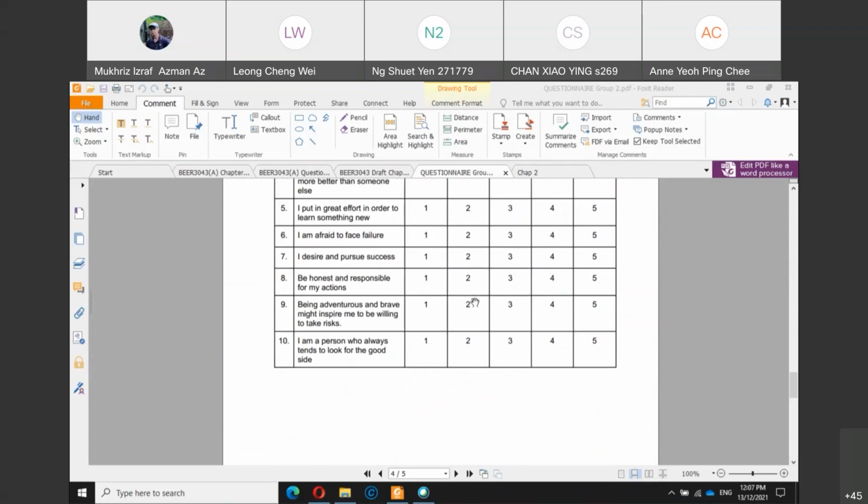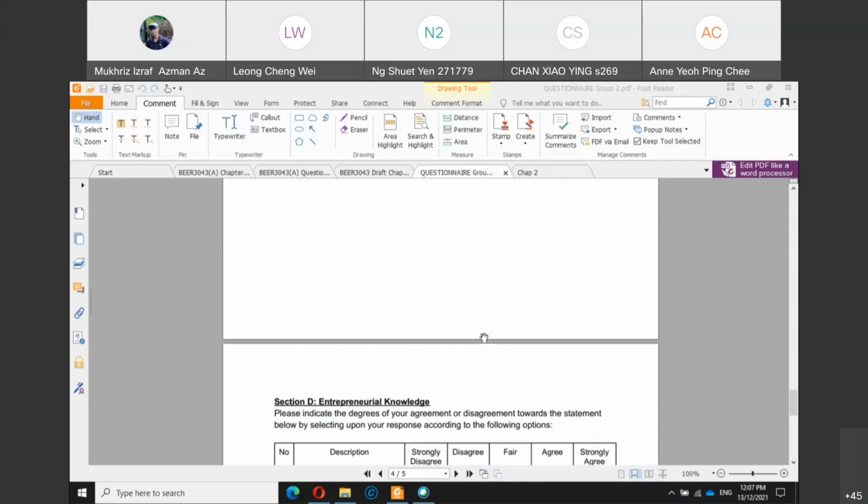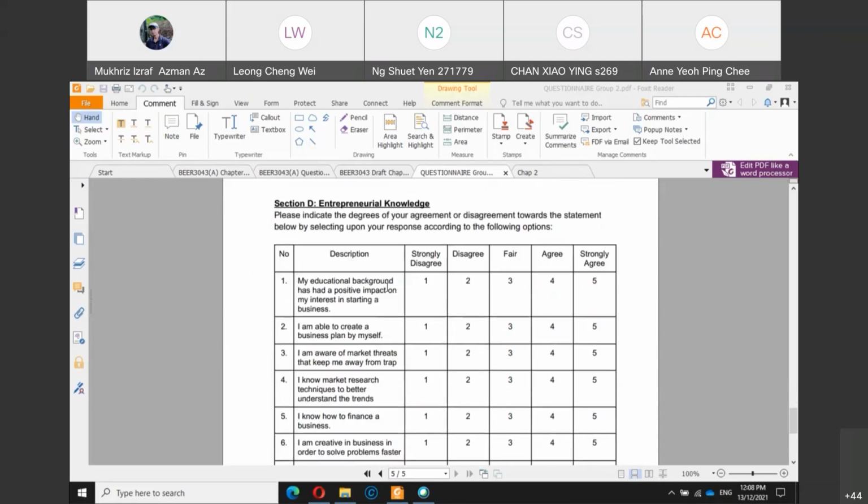So I was looking for more questions related to our degree, whether you are from economics, finance, or banking, something to do with the financial part or banking part. From this questionnaire, I think only section D is more related, and even that is not very much. I'm able to create a business plan by myself. I know market research techniques to better understand the trends. I know how to finance a business.